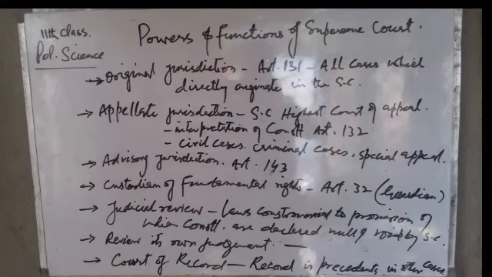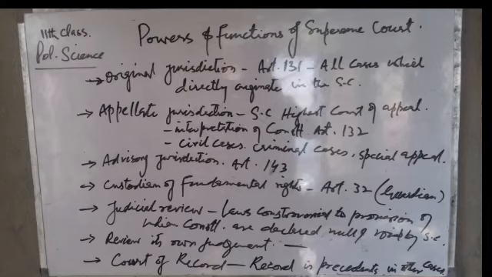Number 6, to review its own judgment. According to Article 137, the Supreme Court has the power to review its own judgment and reverse its earlier decision. And the last one is the court of record.